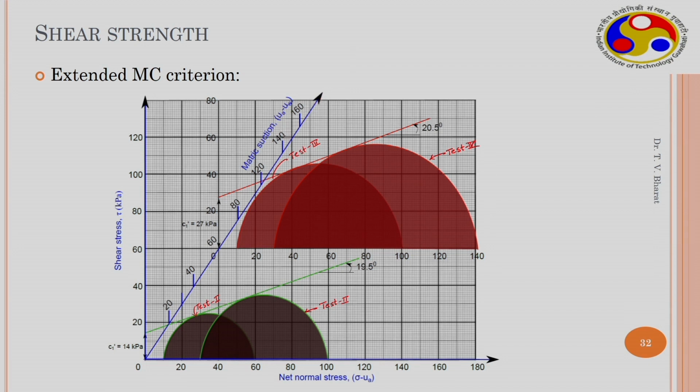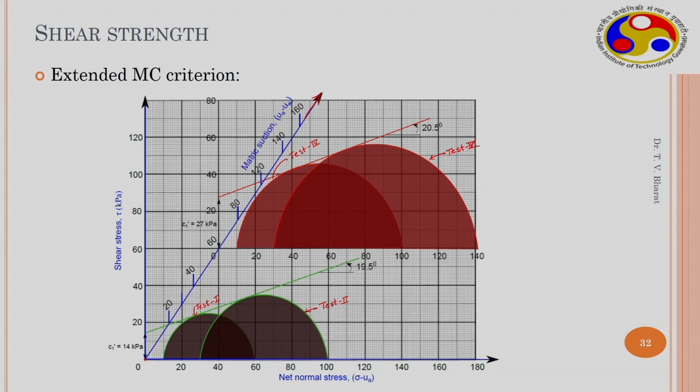This is the UA minus UW axis, the z axis. When UA minus UW is 0, this particular test data is conducted. So, this is tau f versus sigma minus UA at UA minus UW equal to 0. This is the failure plane, where the angle of internal friction is 19.5.